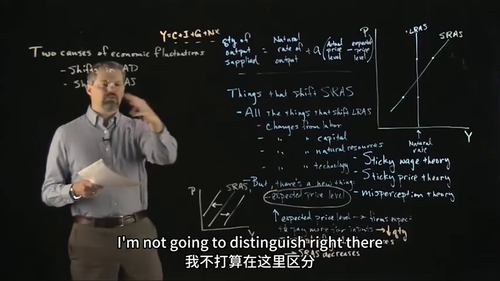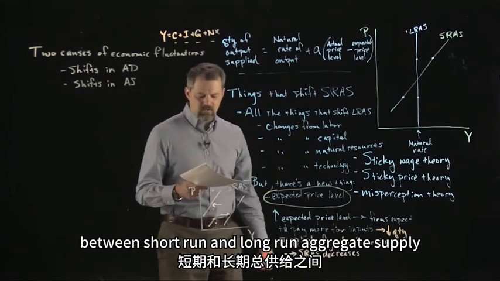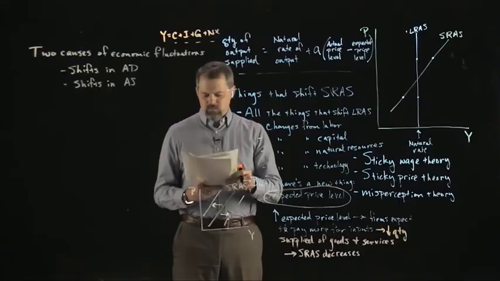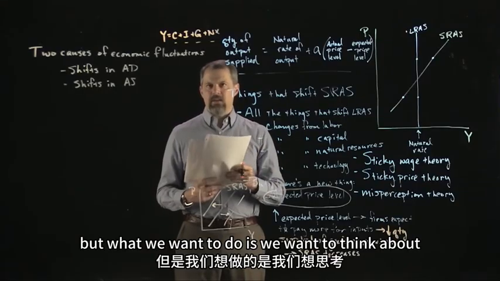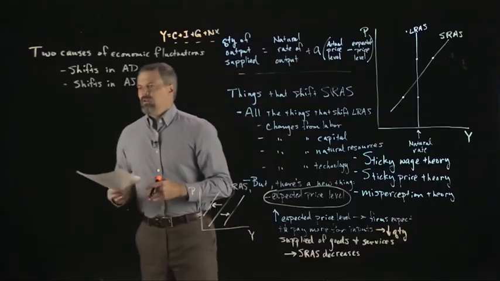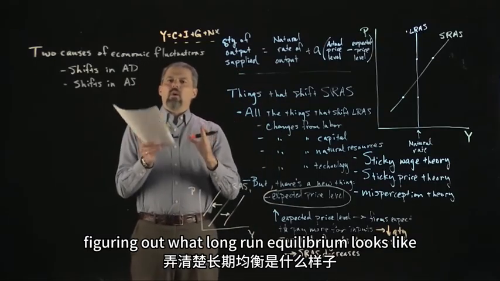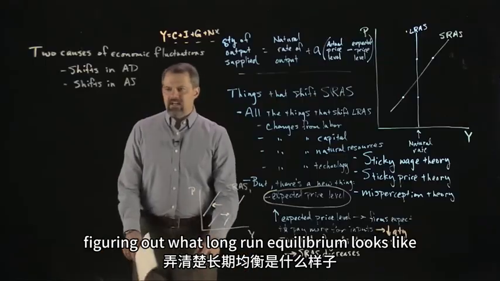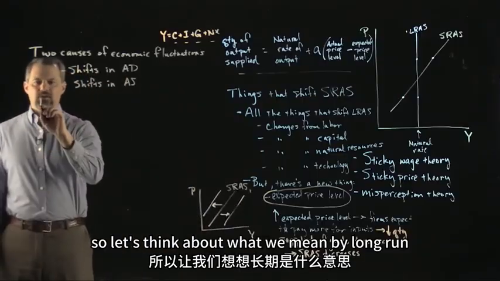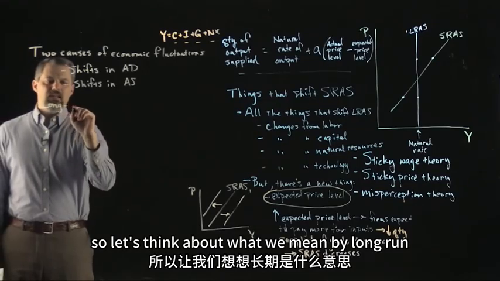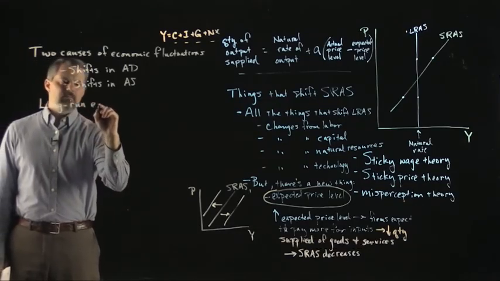I'm not going to distinguish right there between short-run and long-run aggregate supply. But what we want to do is think about figuring out what long-run equilibrium looks like in this particular model. So let's think about what we mean by long-run equilibrium.